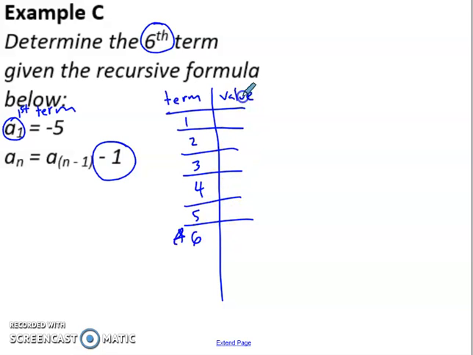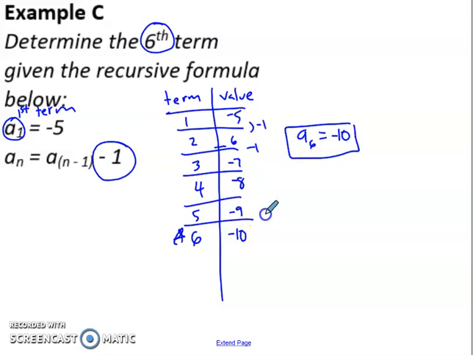This is where I want to go. I start at -5, subtract 1, -6, subtract 1, -7, -8, -9, -10. All right, so my 6th term is -10. Okay, 6th term. That's it.